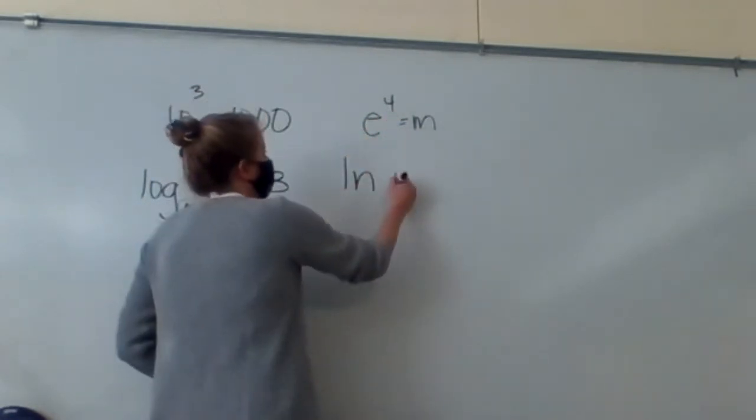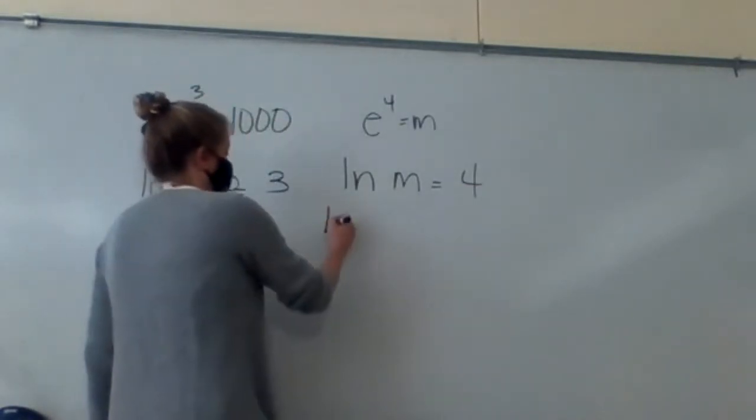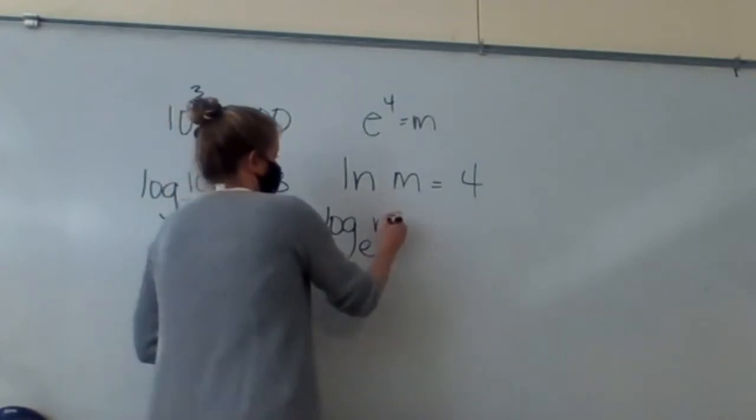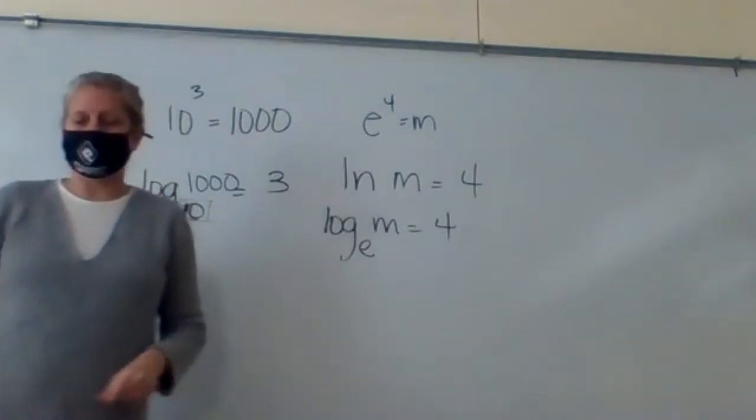So ln of m equals 4, or it should be fine with log base e of m equals 4. Log base e and ln are the same thing.